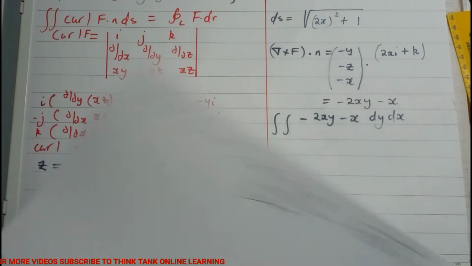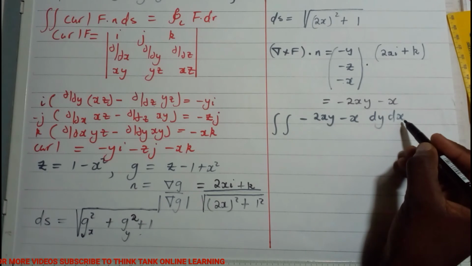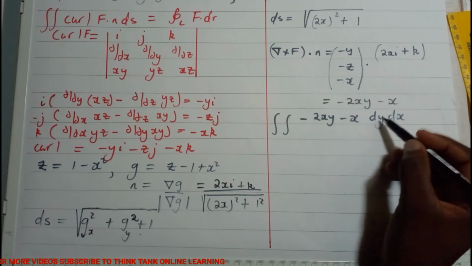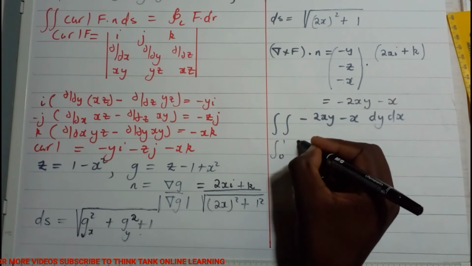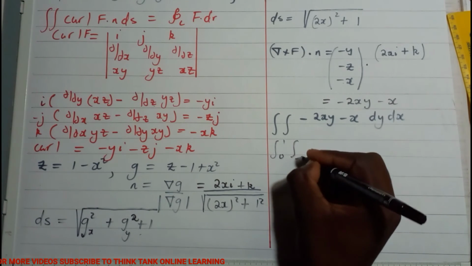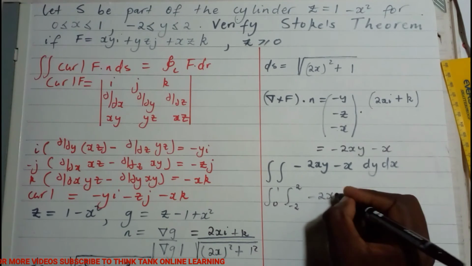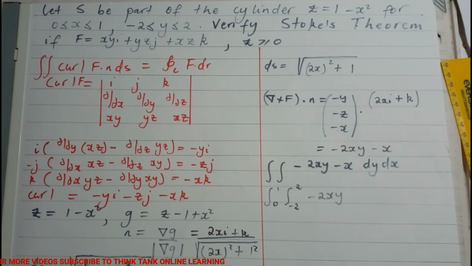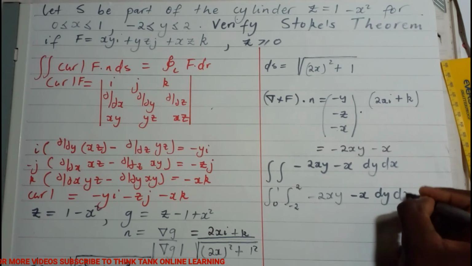Okay, so we're good. What are my y limits? Okay, since x is my outer variable, I'm going to integrate with respect to y first. So these are the limits for x from 0 to 1, and for y from negative 2 to 2, negative 2xy minus x dy dx.